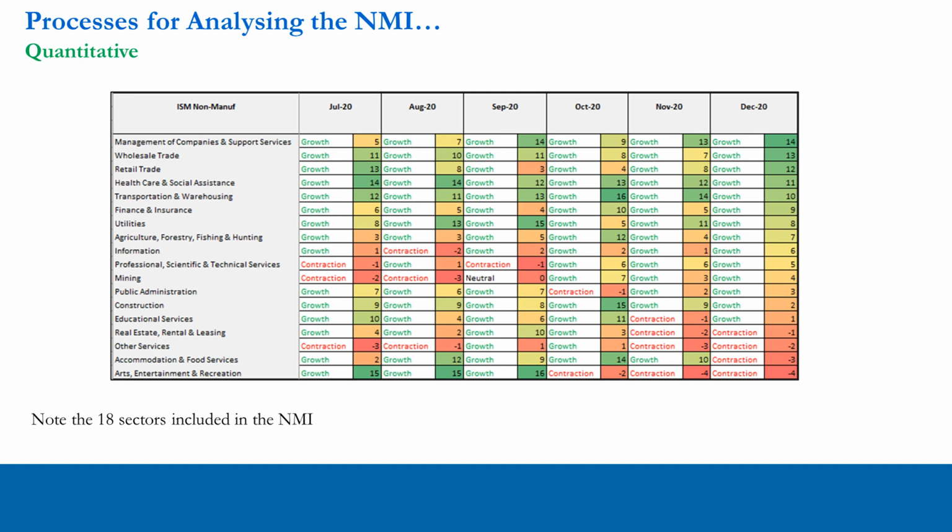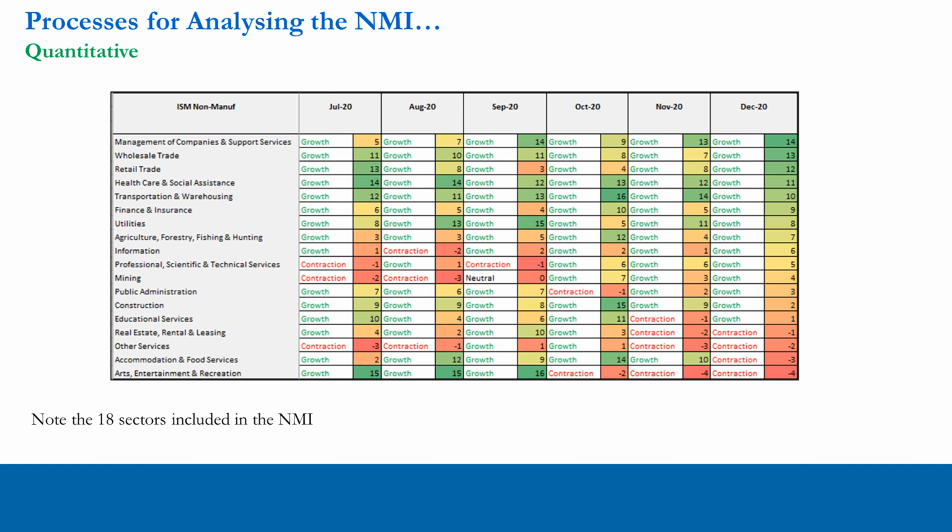So if you recall, in the May 2020 report, which was reported the first week of June, accommodation and food services reported contraction. When we look at what happened for the rest of 2020, we got some growth in the sector, and then we saw contraction at the end of the year.